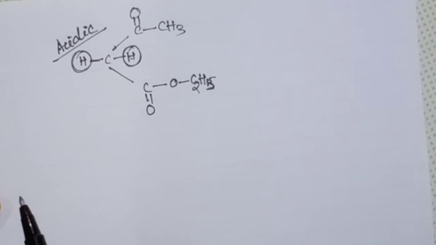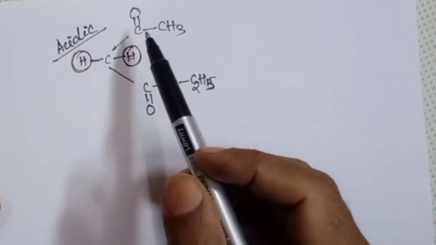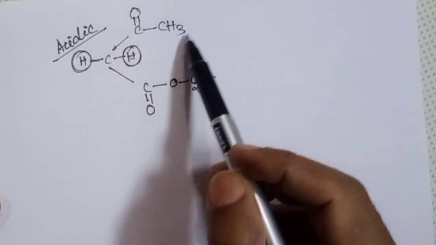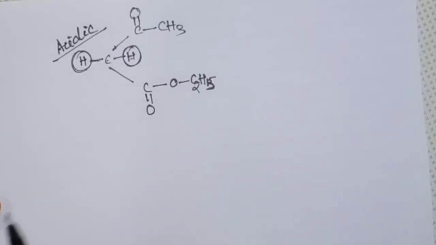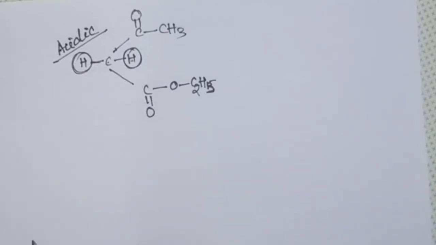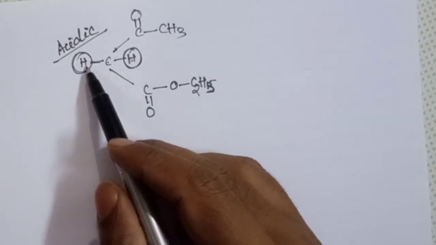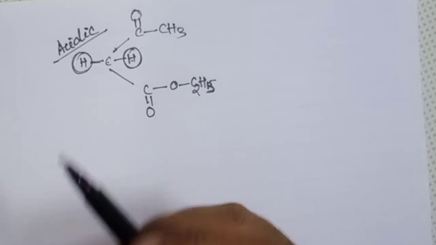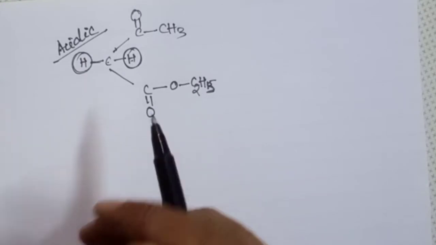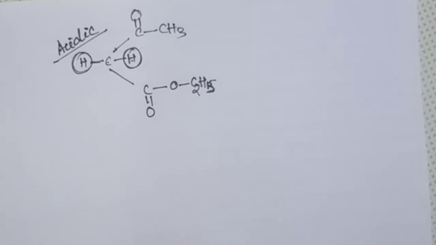Since they are acidic, due to the presence of electron withdrawing groups, the carbon-hydrogen bond will be weaker. Weaker means it can be easily broken, and hydrogen can be lost easily as a proton.